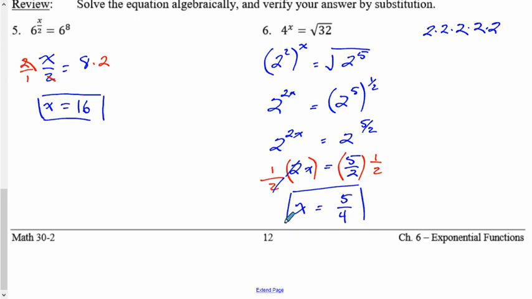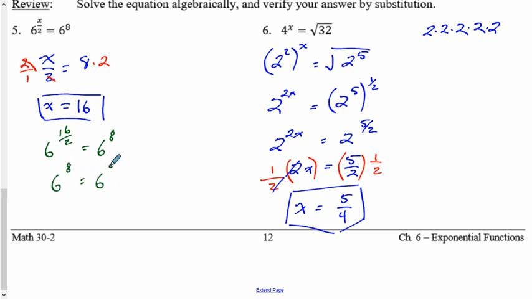You'll notice in the question it did say verify your answer by substitution. So for question number 5, if I plug that in, I'd have 6 to the 16 over 2. Is that equal to 6 to the 8th? Well, I don't have to actually plug anything into a calculator. 16 divided by 2 is an 8. So 6 to the 8th equals 6 to the 8th.